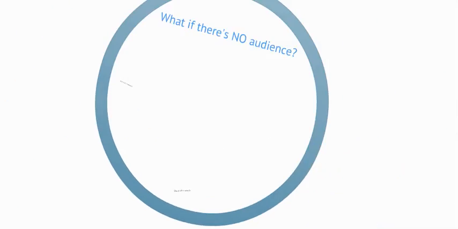So let's treat this as a business and don't take it personal if there's no audience on the first search that you do. So what you do is you do another search. Maybe you broaden it. So maybe the first go around you were a little too specific. Maybe the niche in the horror genre that you wanted to write about, the searches you did were way too specific. Maybe you need to take a step back and make it a little more general so it's more appealing for the public.